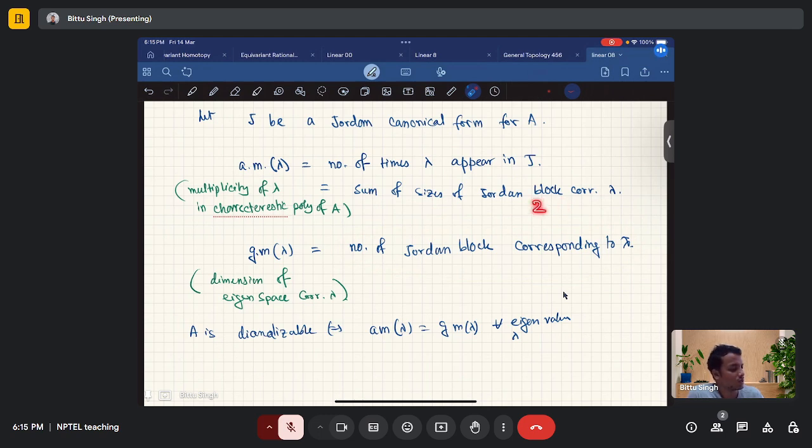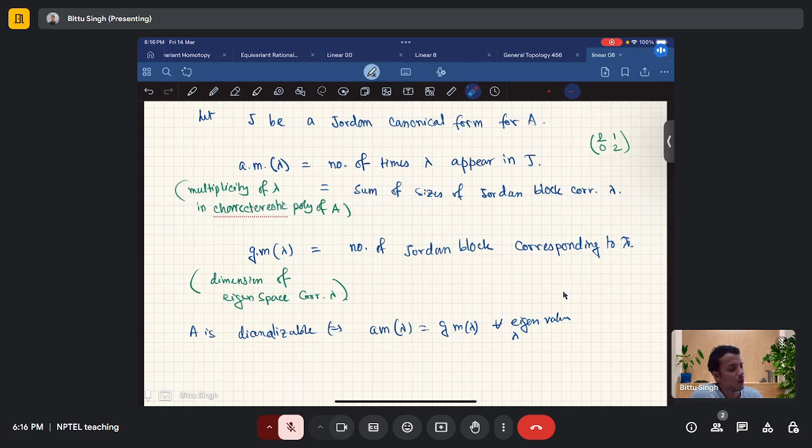Otherwise, suppose some Jordan block looks something like this: 1 2 1 2. This kind of Jordan block. Then we can see the sum of sizes of Jordan blocks corresponding to lambda is actually 2, that is the number of times the eigenvalue occurs. But the number of Jordan blocks is a single one, by definition of Jordan blocks.